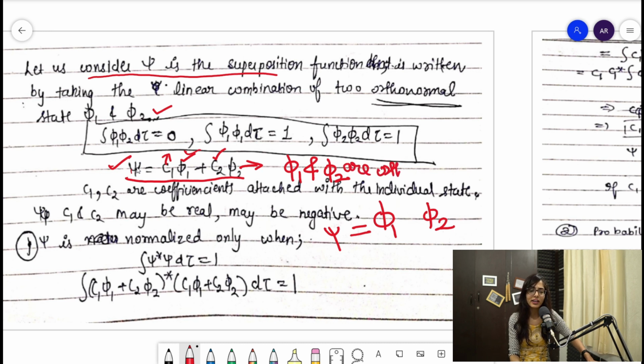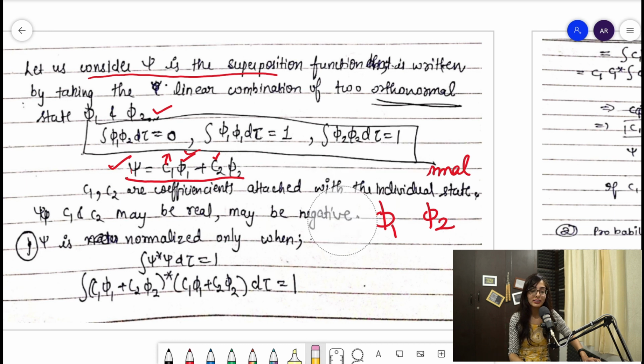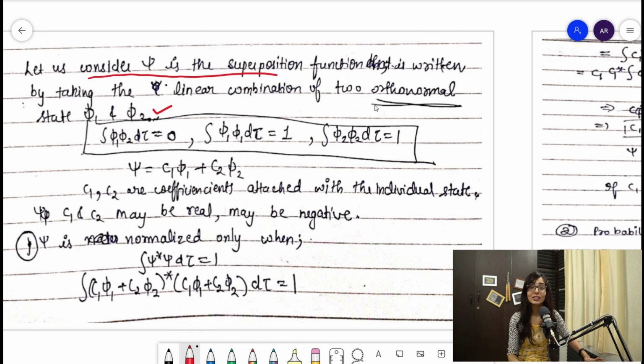So you must be confused about what is orthonormal. I'll be telling you the difference between orthogonal and normalized, and what is orthonormal. Can you see, it's self-explanatory. It is orthogonal also. Orthogonal plus normalized, fine.